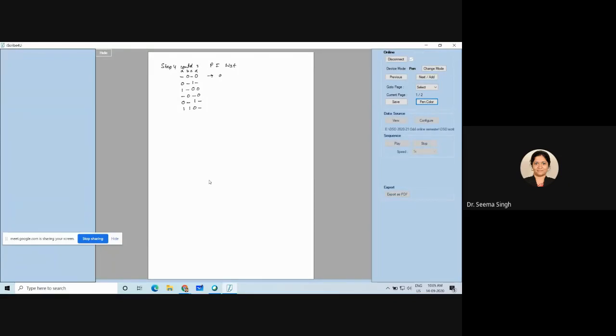A and C are don't care. So it's B bar D bar. What is this one? Tell me. It is A bar C. Right. This one?